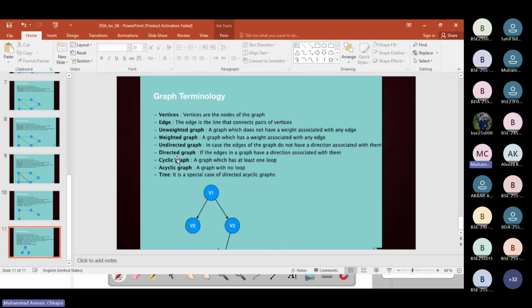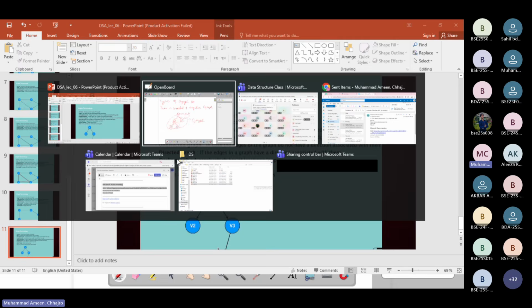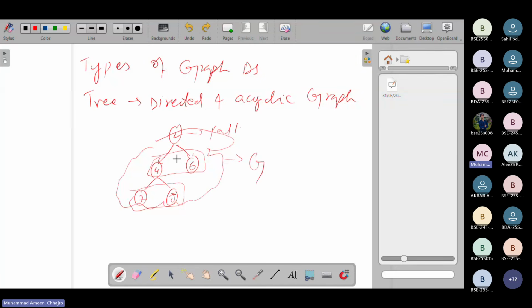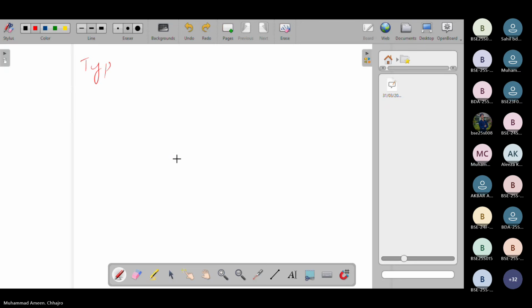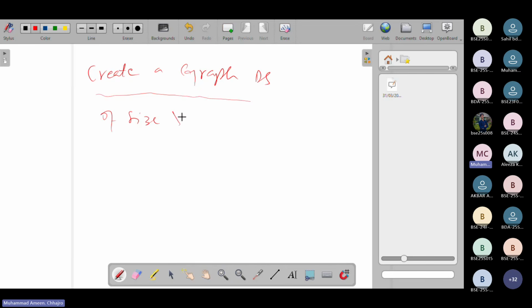So I think for practice purpose, let's have an example, or let's have an assignment so that you should have a good concept. So let's solve this assignment. Create a graph data structure of size, for example, maybe greater than 6.